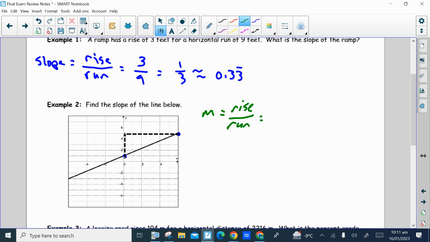So again, you're going from 1 up to 5, which is a rise of 4 units. And then you're running from 0 to 6. So that's a run of 6 units. That fraction reduces to 2 over 3. You can divide top and bottom by 2, and that's the slope of that line segment.